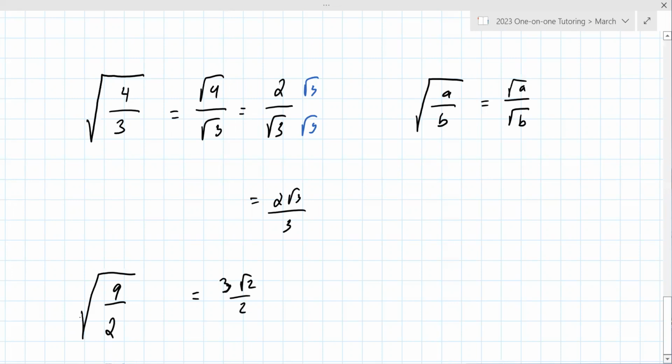All right. Now this rule on the right here, this works going the other direction. And sometimes we don't think about that. You get a problem like this, you're like, all right, square root of 20 over square root of 5.